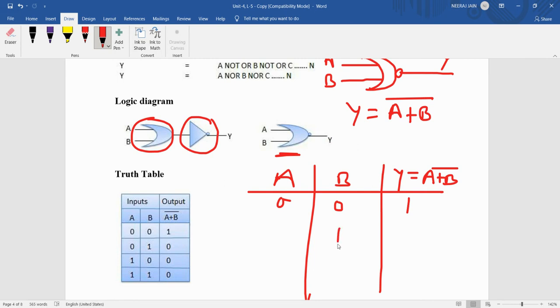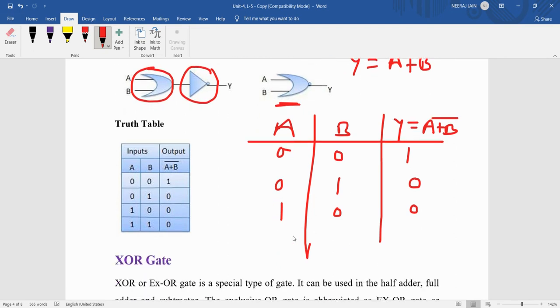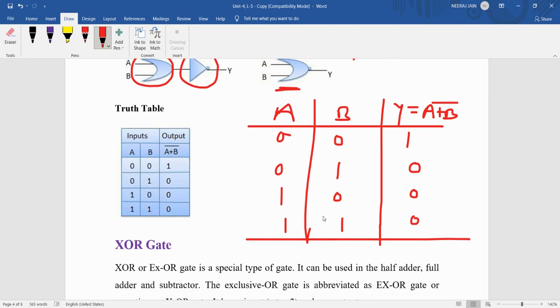In case of 0 1, that will be 0. In case of 1 0, that will be 0. For 1 1, it will be 0. So that is the NOR gate.